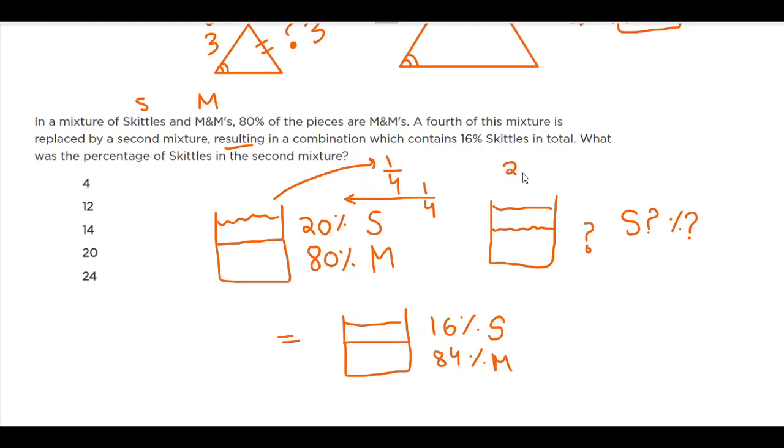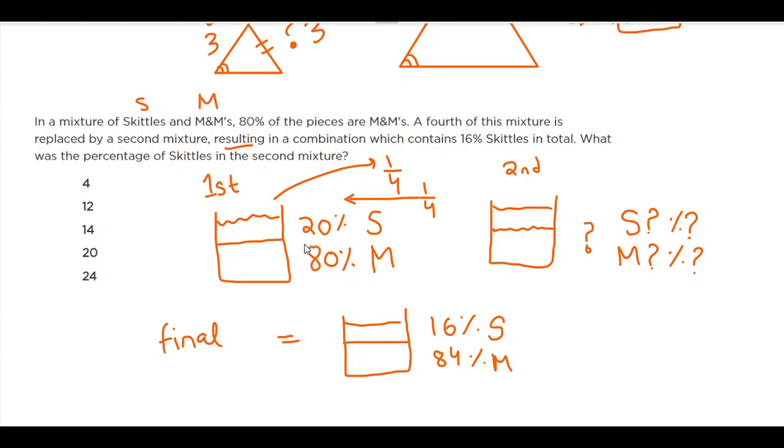Let's call this the second, let's call this the first, and let's call this the final. And obviously there's going to be some M as well, and I don't know the percentage. So guys, one thing that needs to be understood in this question is using your intuition.